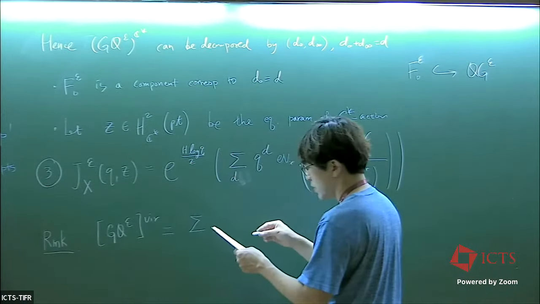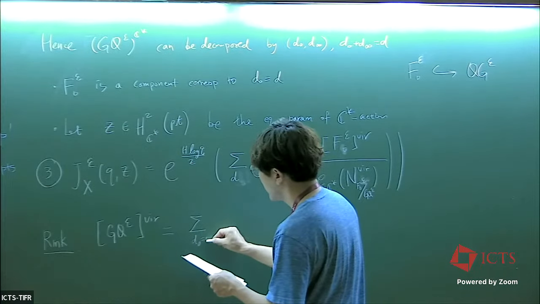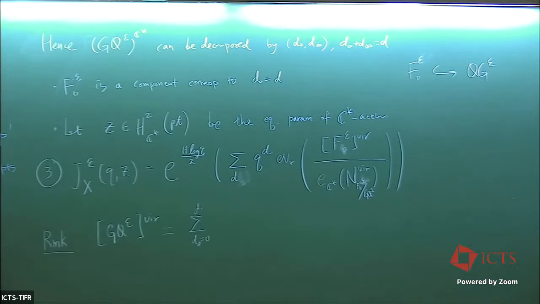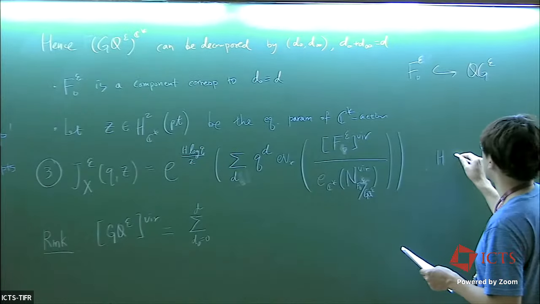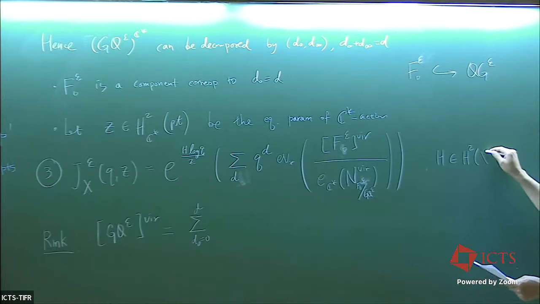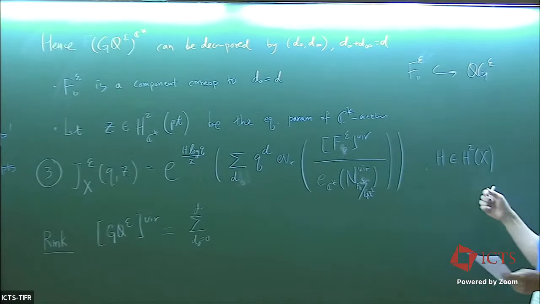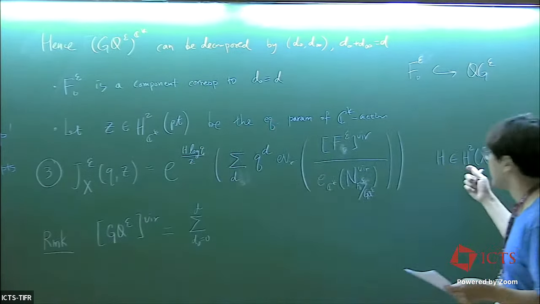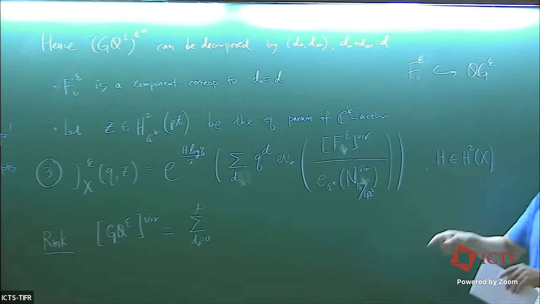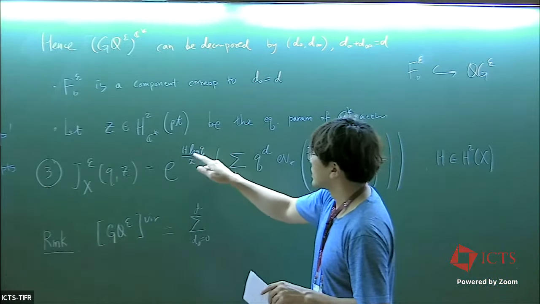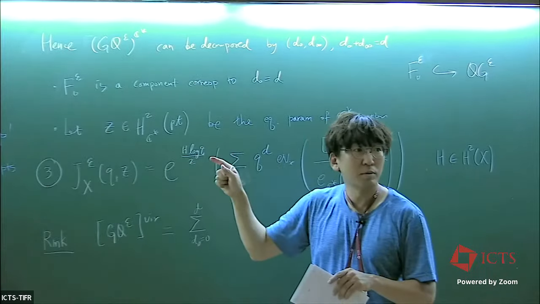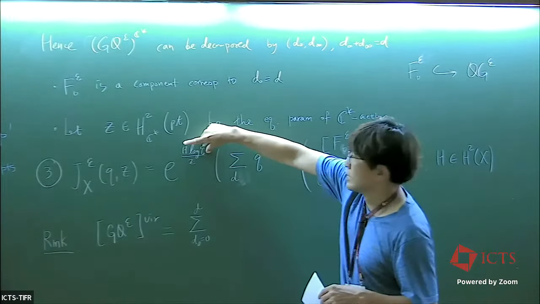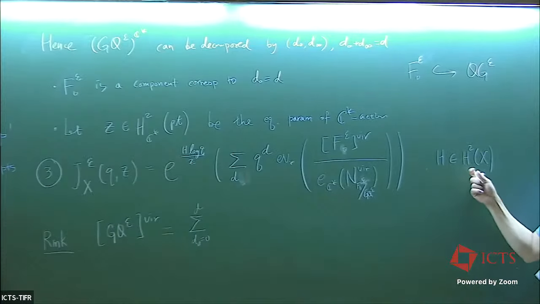After push forward, this is some H, a class of the second cohomology of X. Also we have Novikov variables as much as the rank over this, so this is like a summation of corresponding elements. If we consider this as a formal variable, it denotes just some formal element inside the second cohomology.